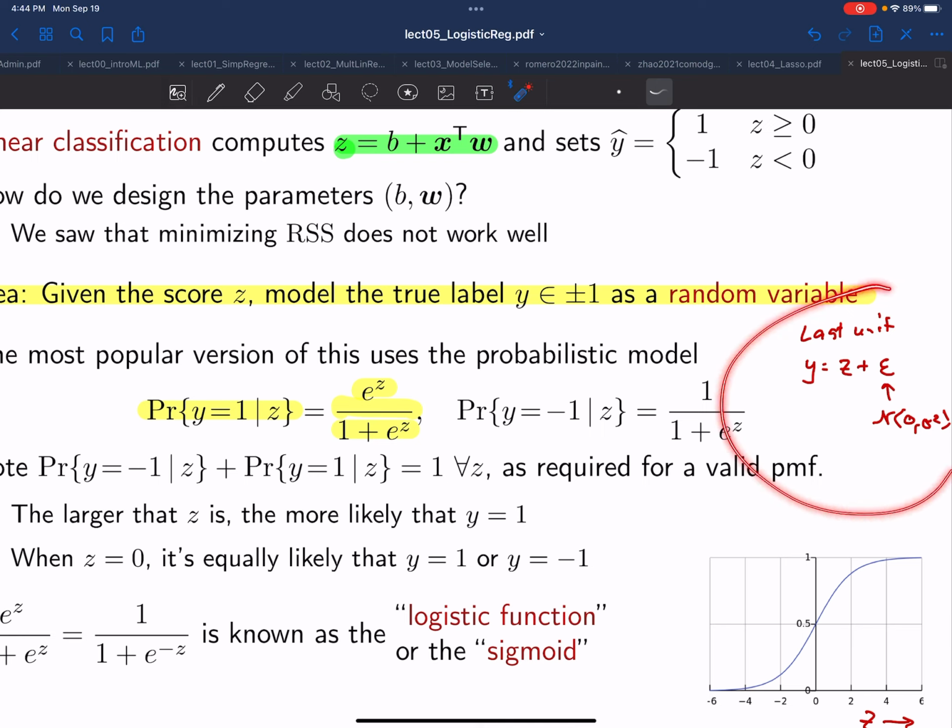Back in the last unit, you had something similar. We wrote it with beta 0 and a beta vector. That gave us our true z's. But then, to get our random y, we added zero-mean Gaussian noise. So that was similar in being a probabilistic model, but differing in the details.